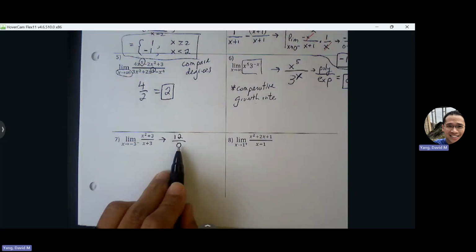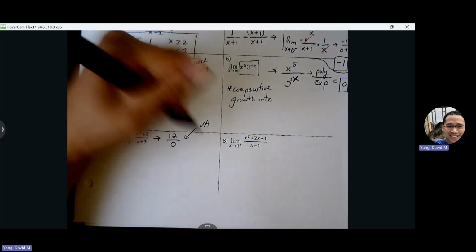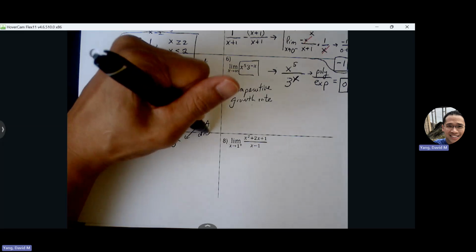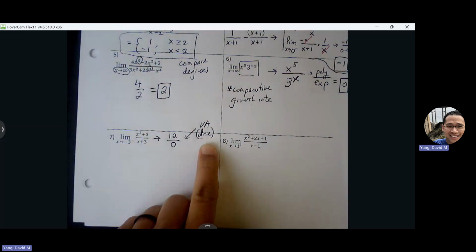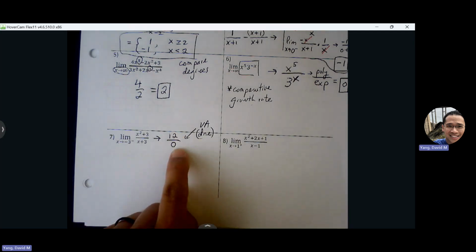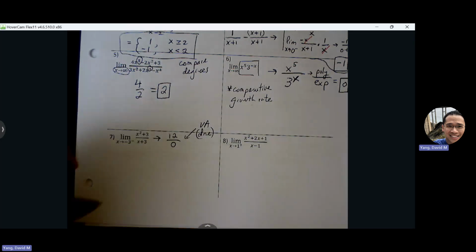0. What does this tell us? Vertical asymptote. Does the full limit exist? The full limit is D and E, but is it asking for the full limit? No. Now you can do what? Now it's decimals. Okay, so you've got to get through all this before you can involve decimals.